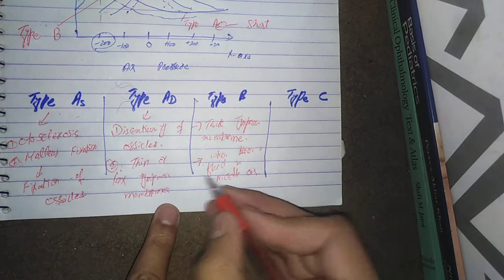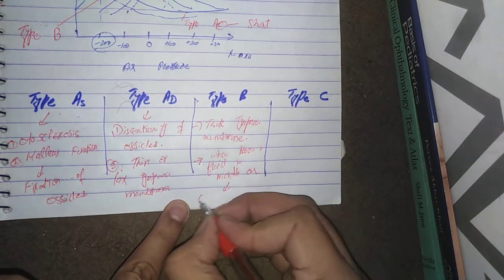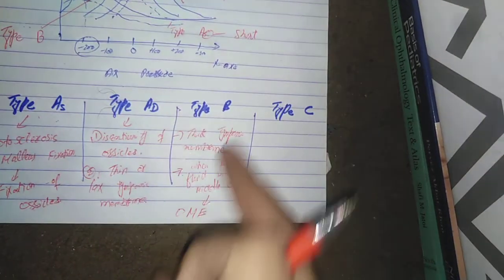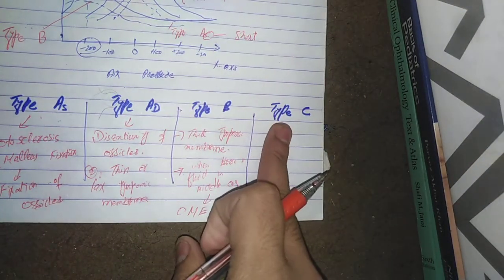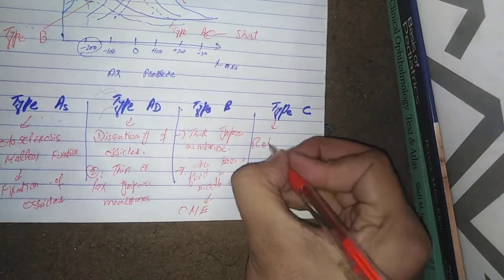In which disease will we see fluid in the middle ear? The disease is otitis media with effusion, OME. Type C tympanogram will be seen when there is a retracted tympanic membrane.